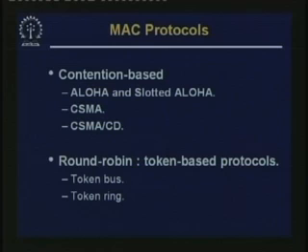Examples of contention based protocols are aloha and slotted aloha. These refer to some protocols which are used in satellite communication. We will discuss these when we talk about satellite communication. We have CSMA, which stands for carrier sense multiple access, or CSMA CD, which is carrier sense multiple access with collision detection.